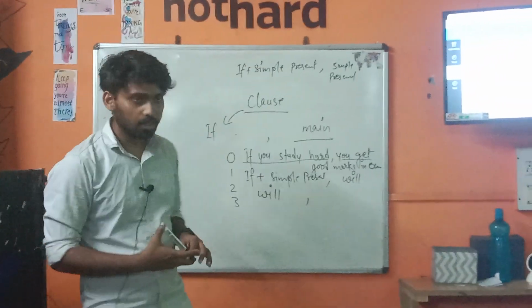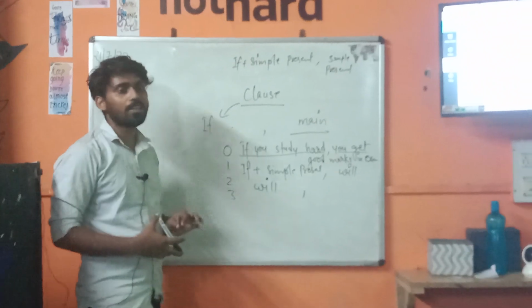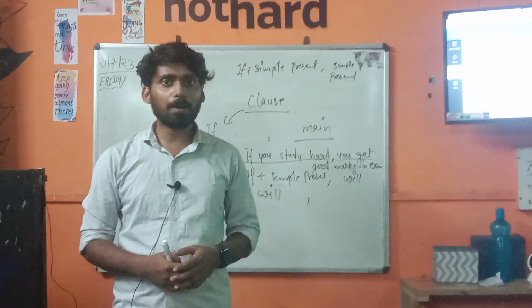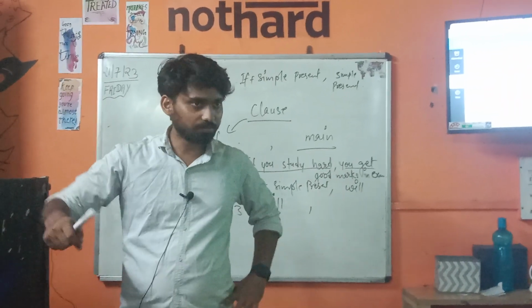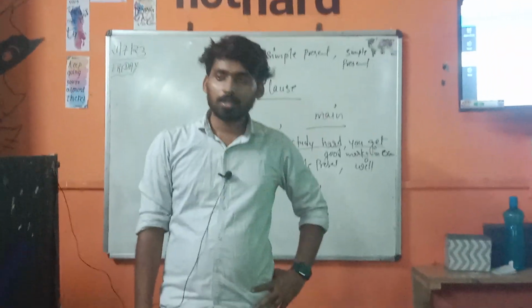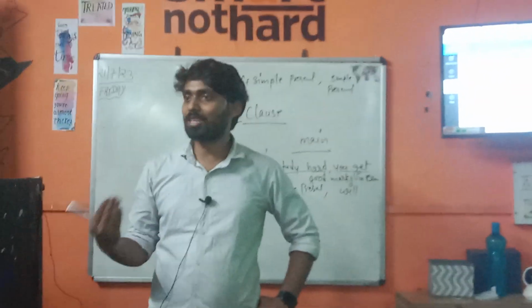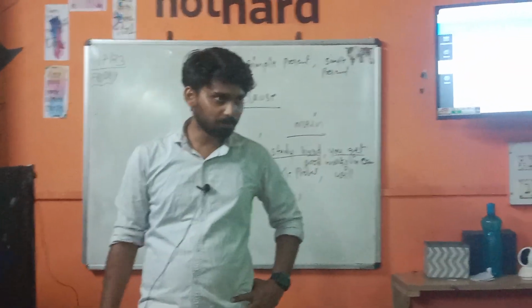So did you understand? Now second condition is very nice actually. We use it, and basically it's all about imagination. We all imagine something, and we all try to say these kinds of sentences in our life also.